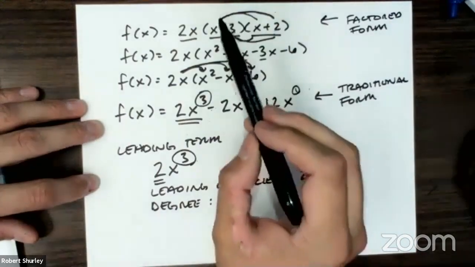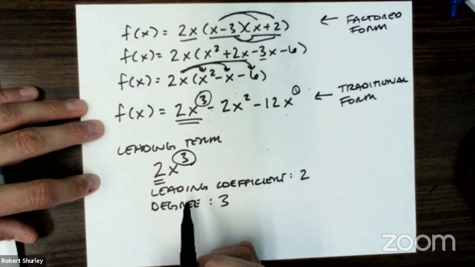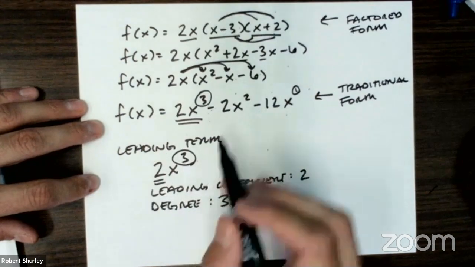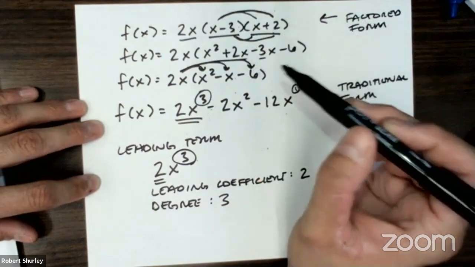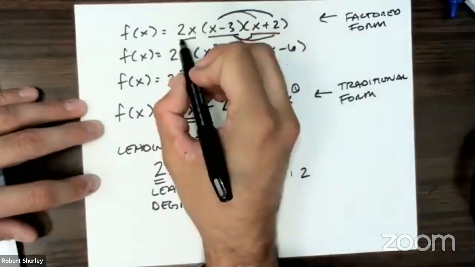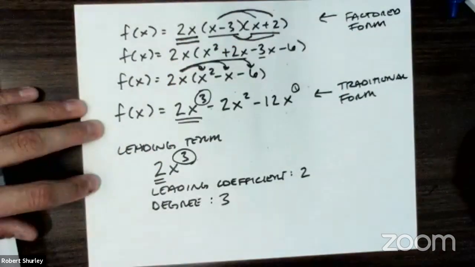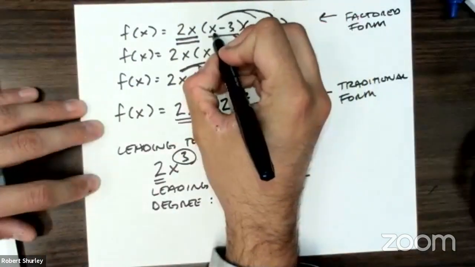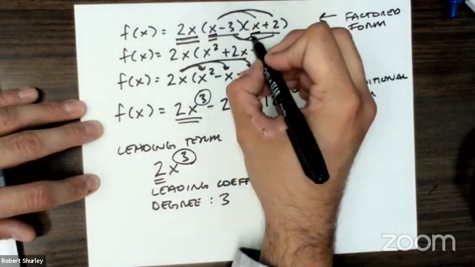Now, if you have something in factored form and you're asked about the leading coefficient and degree, what you can do is multiply all the degree terms from each factor. So you would multiply the 2x, then you would multiply the x here. You wouldn't worry about the minus 3, and multiply the x here.